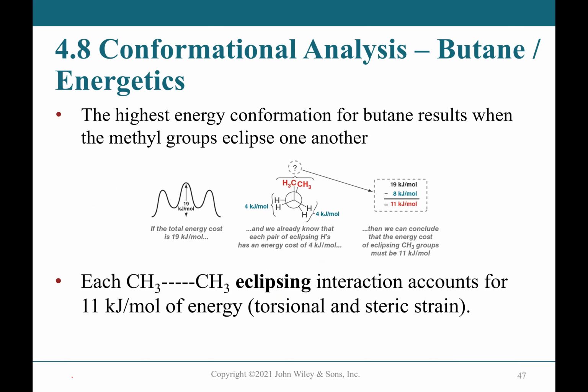It says the highest energy conformation for butane results when the methyl groups eclipse each other, and we can see that right here. So the methyl-methyl eclipsing interaction accounts for 11 kilojoules per mole of energy.